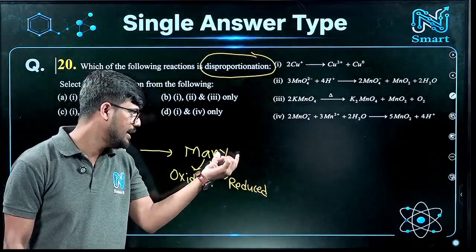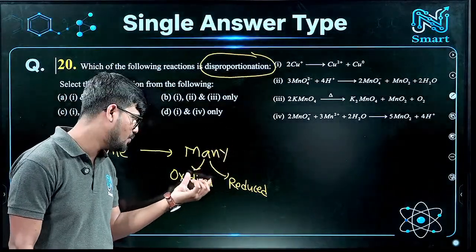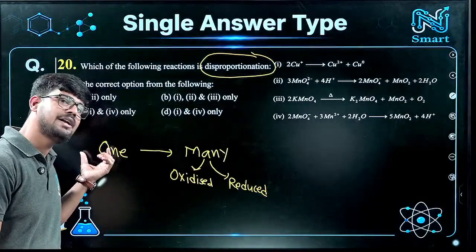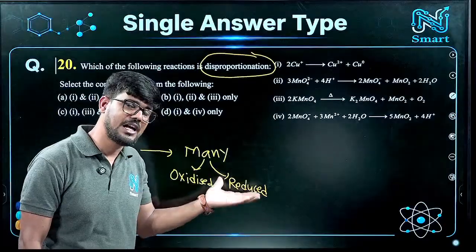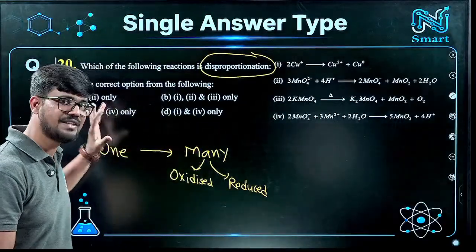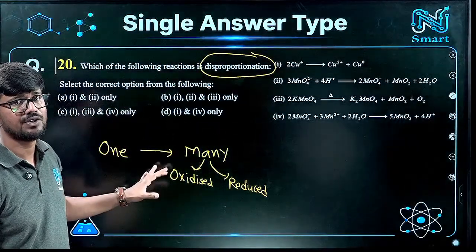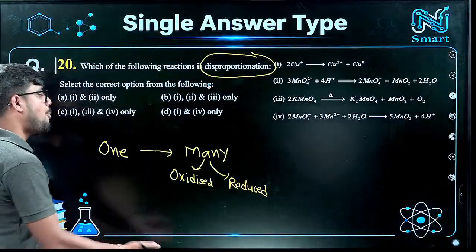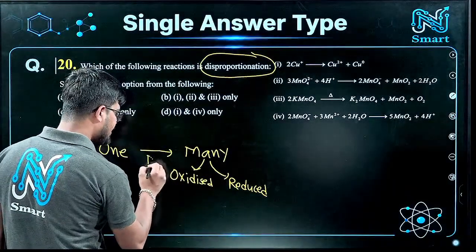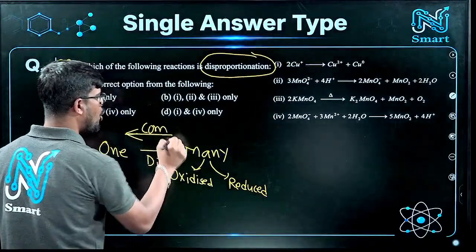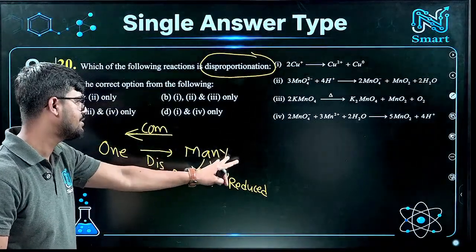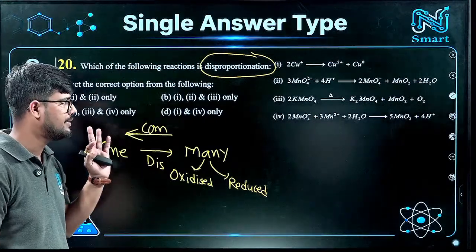Just verify whether the same element is undergoing oxidation and reduction at the same time or not. If yes, then it is a disproportionation reaction. And if you do the opposite, it will be comproportionation, meaning many oxidation states to one oxidation state.